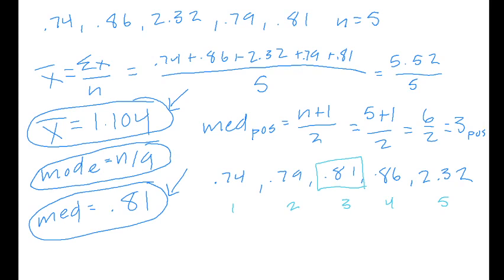But something we might think is all of these scores are pretty close to each other. These are all within about a 0.12 range of each other. And then we have one score that's very different from the others. We might call this score an outlier. We might say that based on the data in this data set that this 1.104 value isn't exactly representative of the data set.